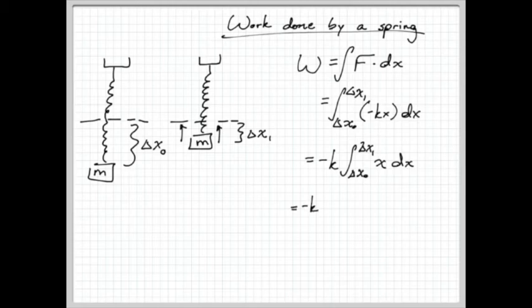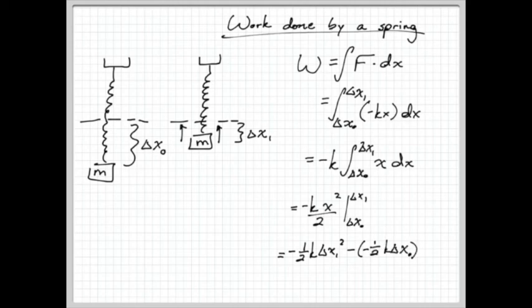Okay, so hopefully that's not too difficult. We're going to add 1 to the exponent, then divide by that number, but we still have to evaluate between the limits. So we get minus 1/2 k, change in x1 squared, minus the negative 1/2 k, change in x0 squared. Oops, that square should have been on the x, not outside the parentheses.